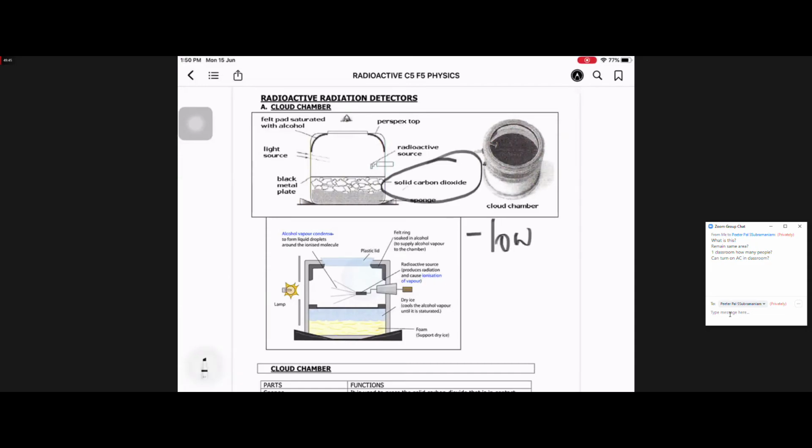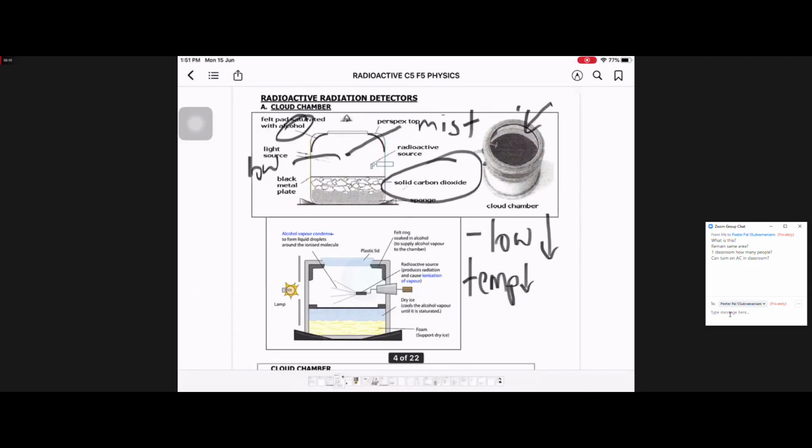Yes, to lower down the temperature. So by using the solid carbon dioxide, we can create a very low temperature inside here. And the alcohol vaporized or saturated, we get a thick mist inside here. So as we see from on top, we get a clear picture of the tracks. Any question, guys?